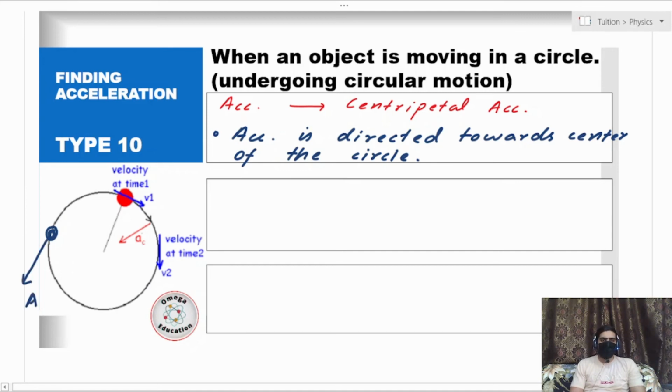Direction A, direction B, direction C, or direction D. And the answer would be direction D. Why? Because direction D represents the direction towards the center of the circle.